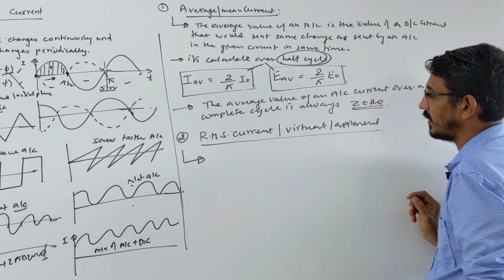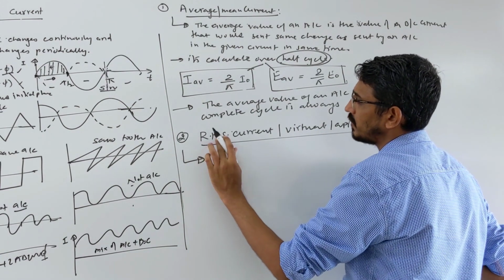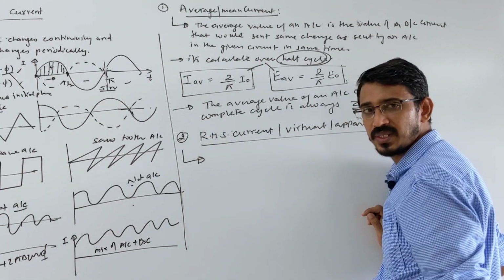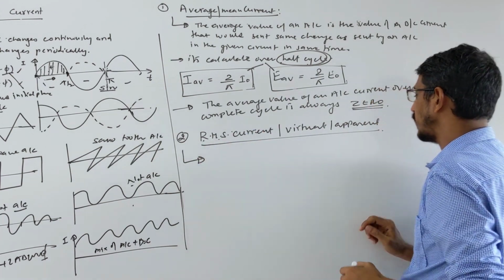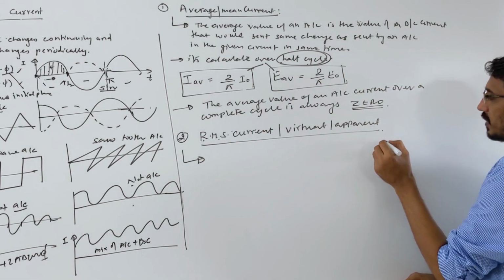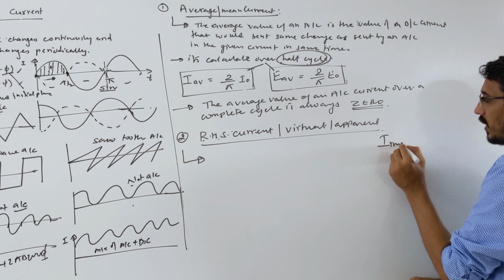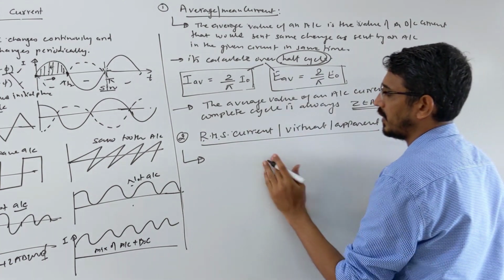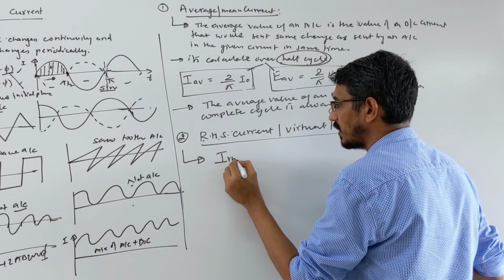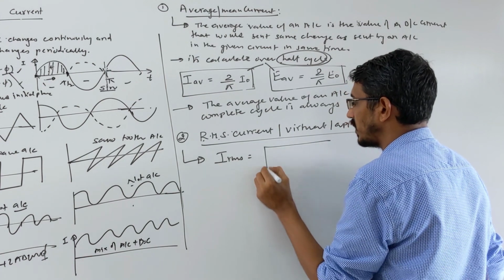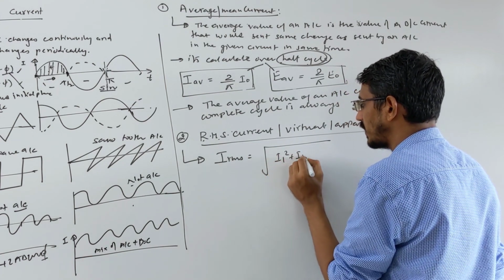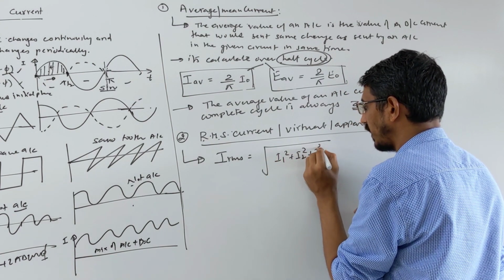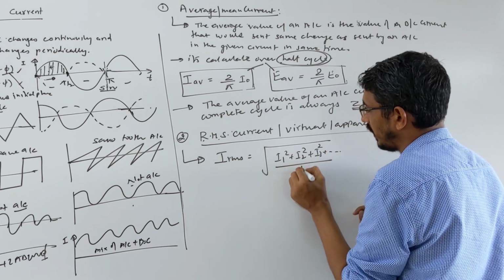Let's write here. Everybody knows the meaning of this word, and we have done this nicely in thermodynamics also. Root mean square. If you want to write directly what is the RMS current, you can write it like this also. Let me write clearly. I RMS. You add all the currents like I1 square plus I2 square plus I3 square, you have some currents, divide by how many currents you have.